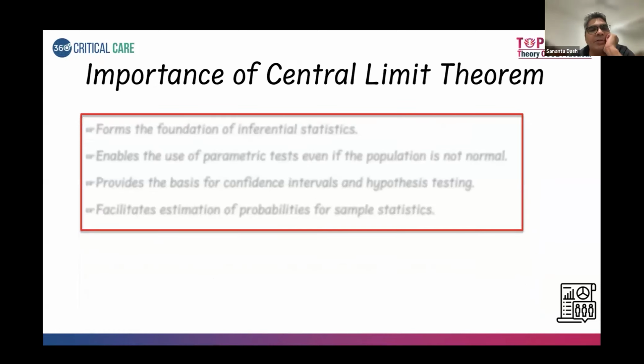All right. The importance of the central limit theorem is that it forms the foundation of inferential statistics. Inferential statistics is the concept that a hypothesis has to be tested in a valid number of the population to make the observation valid. Suppose you cannot do an intervention trial in 10 people when the occurrence of the disease or the effect is more common.